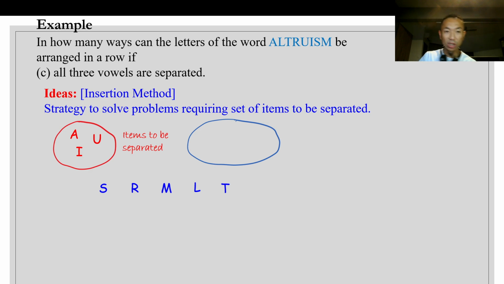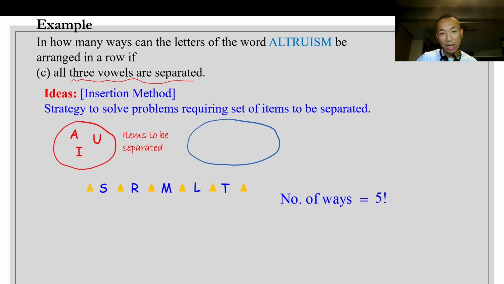That means you arrange the consonants first. I say one more time, since you want to separate the vowels here, you don't arrange the vowels first. You arrange the other items first. That means the 5 consonants first. Then, the number of ways to arrange the 5 must be 5 factorial.